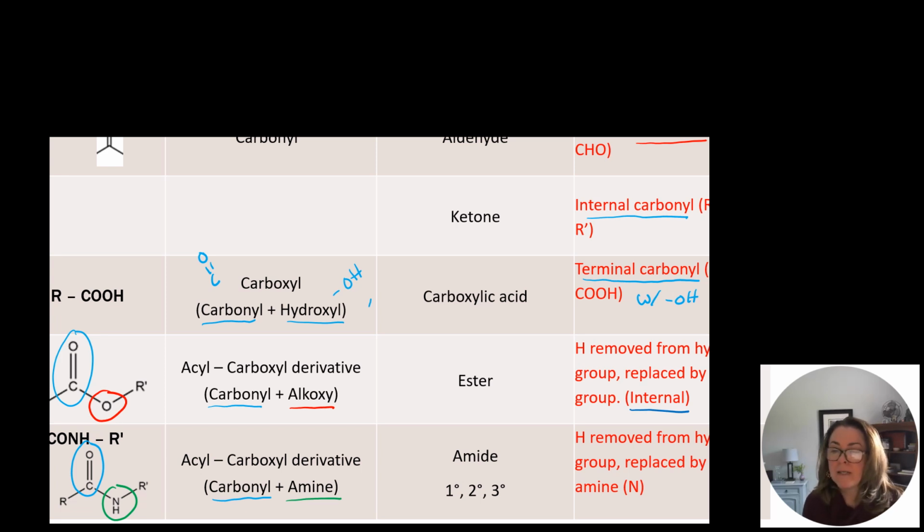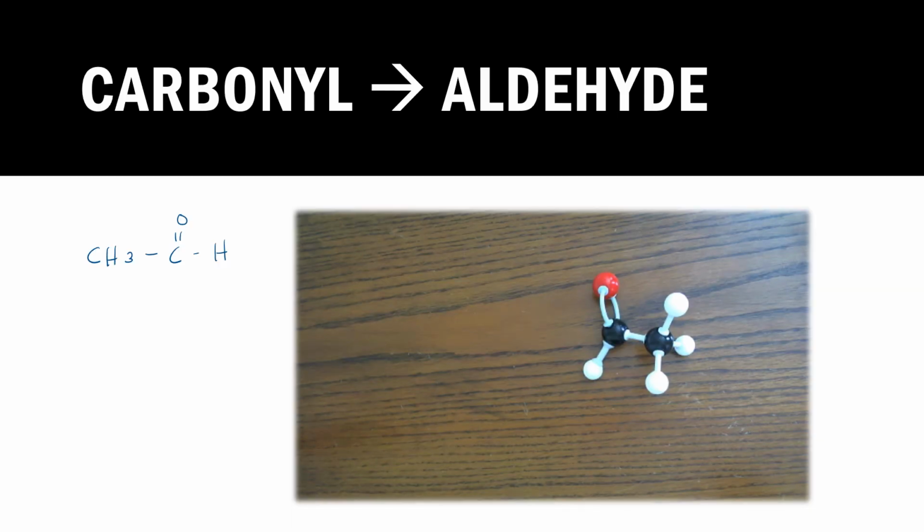Okay. Next slide, I'm going to be showing you some ball and stick models, just like I did in the last video. Here we have an example of a carbonyl functional group as an aldehyde. Notice here, and this is super important, that carbonyl is on a terminal atom, which means that you have only one R group on that carbonyl functional group.